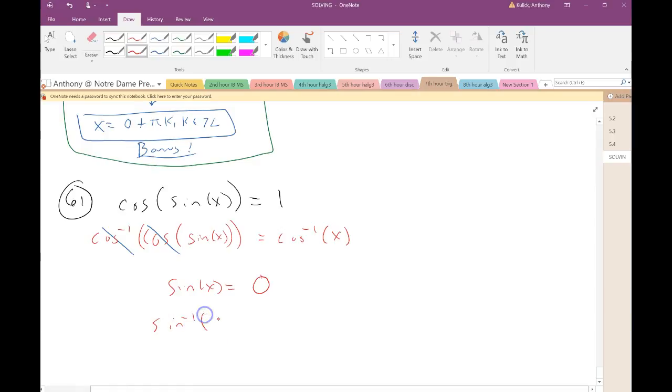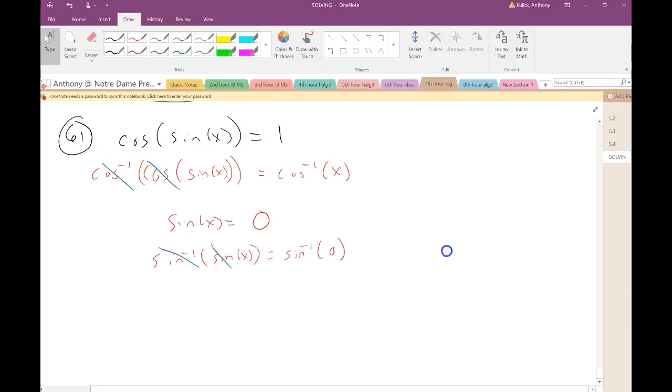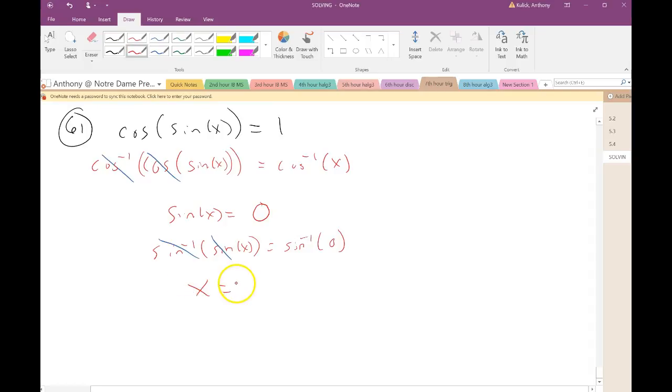Sine inverse, right? So those cancel out. And sine inverse of 0, that's a unit circle value. If I look at where the y-coordinate of sine is 0, that happens at 0, and then it happens again at pi.